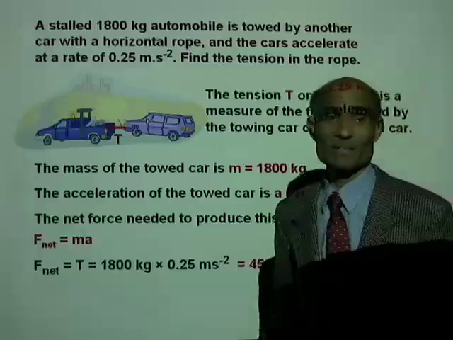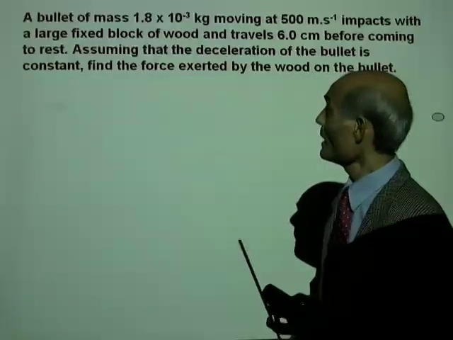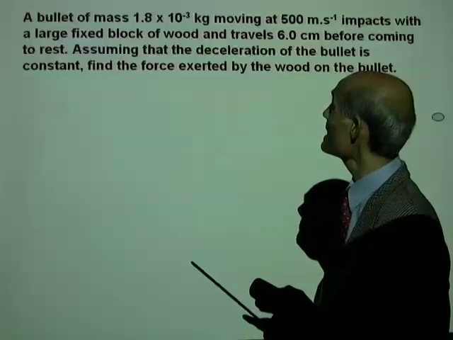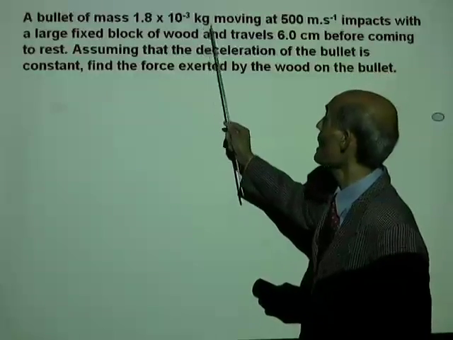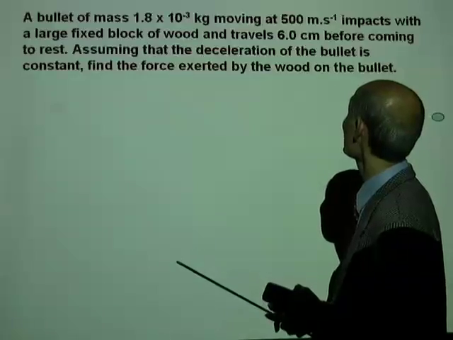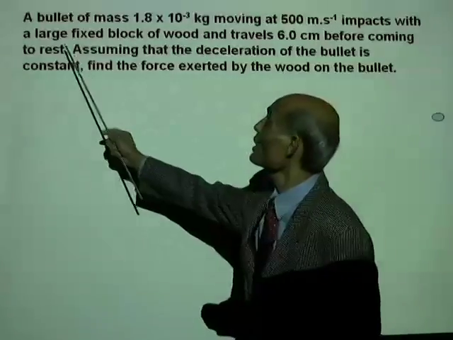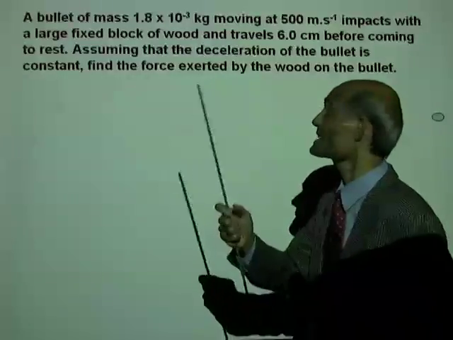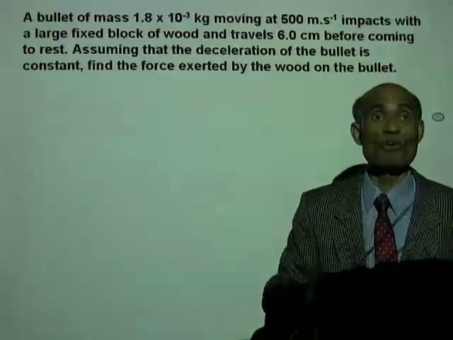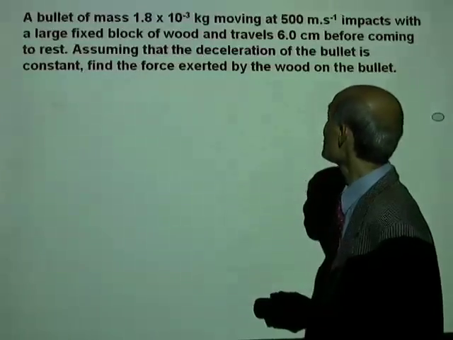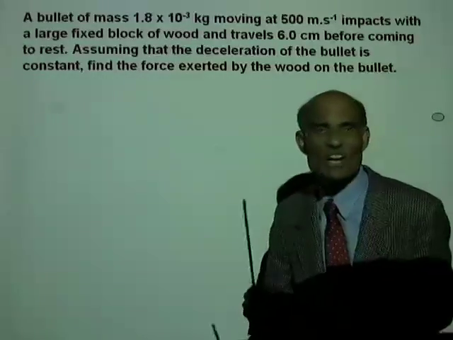Okay, let's do another problem. A bullet of mass 1.8 times 10 to the negative 3 kilogram moving at 500 meter per second impacts with a large fixed block of wood and travels 6 centimeter before coming to rest. Assuming that the deceleration of the bullet is constant.